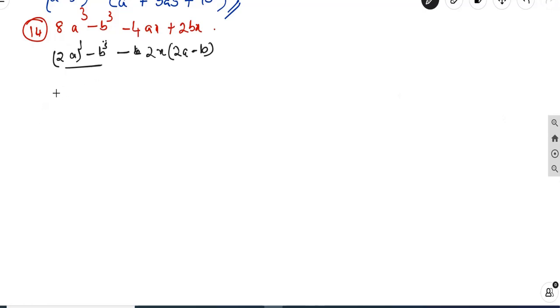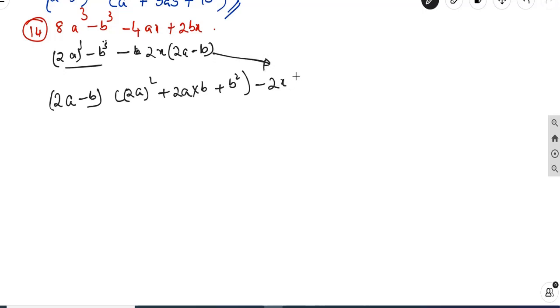So I'll apply the identity, so this becomes 2a minus b. Okay, so one more term is 2a square plus 2a into b, plus b square, minus, this one I will write as it is, 2x, open the bracket, 2a minus b. Now if you see, what is common?